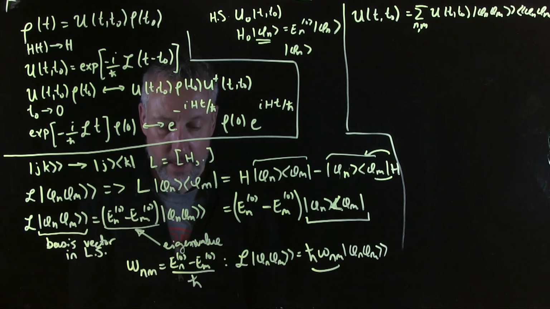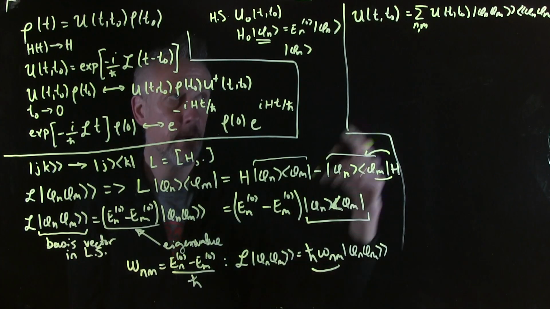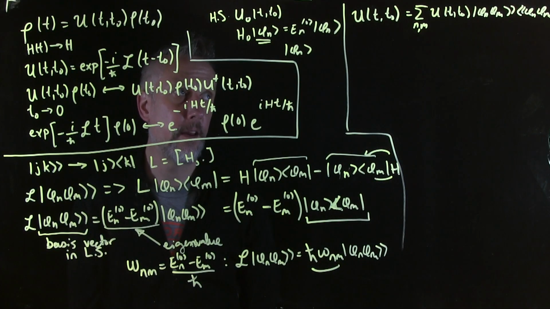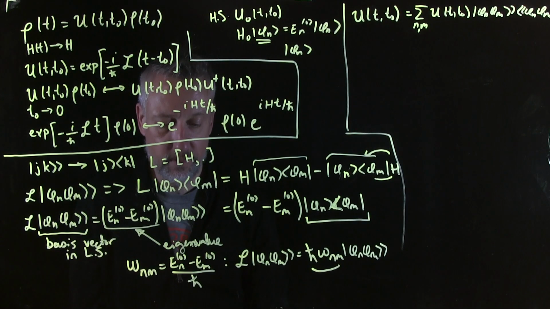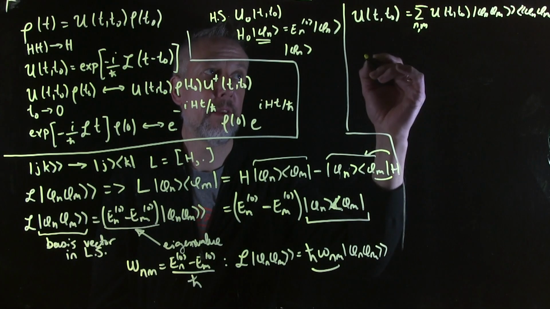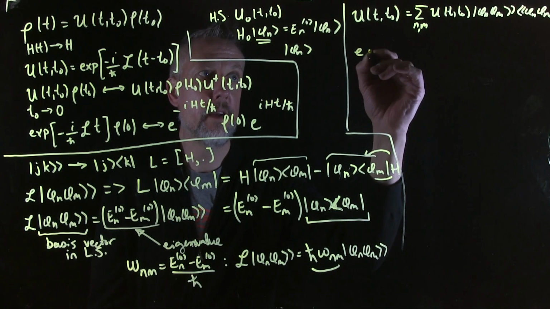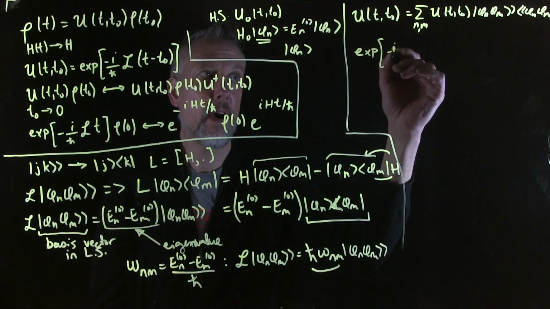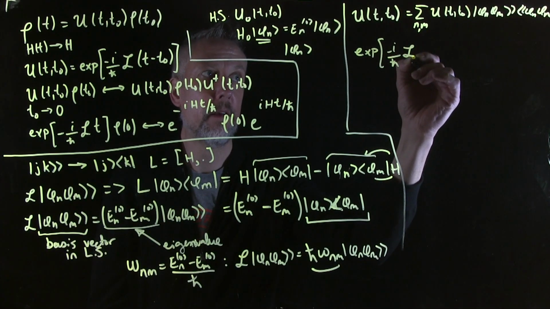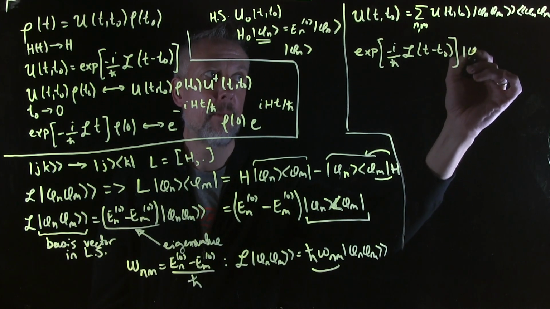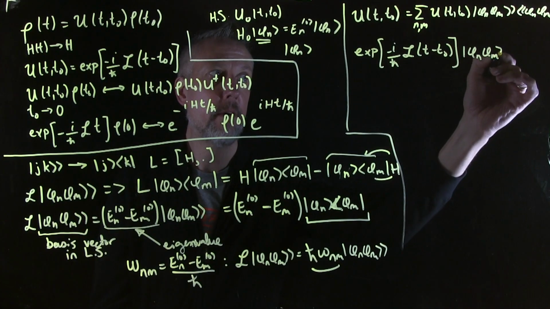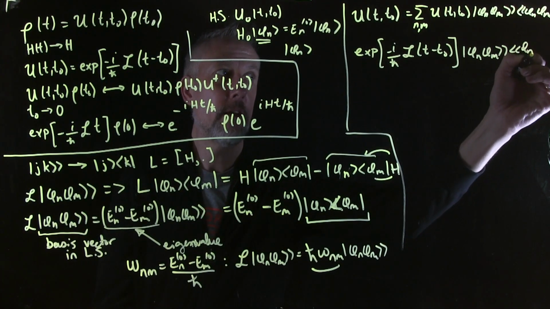All right, and so then what does u do to phi n, phi m? Well, we're assuming, because we're starting out easy, that we have a time-independent Hamiltonian, of course. So if we have a time-independent Hamiltonian, we're going to put this in. So this is going to look like e to the minus i over h bar L times t minus t naught, operating on phi n, phi m.